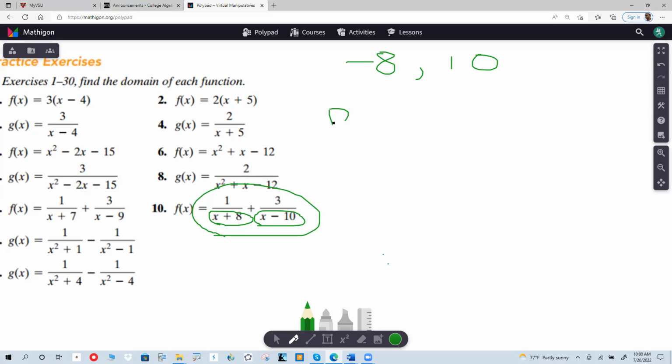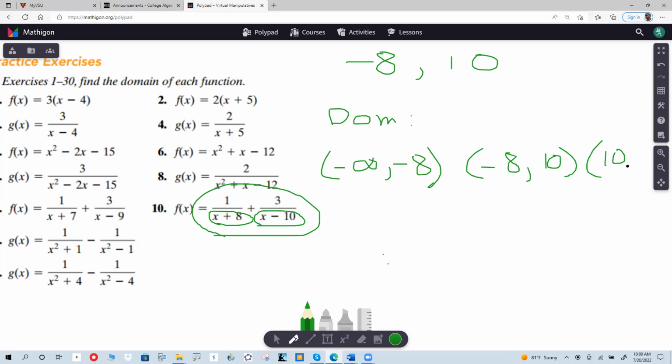So my domain will be negative infinity to negative 8, negative 8 to 10, and 10 to positive infinity. And I'm going to connect them with union. You have to write the union symbol. If you just write the intervals, you're not going to get points on the exam. I'll give you a couple of minutes to process this.